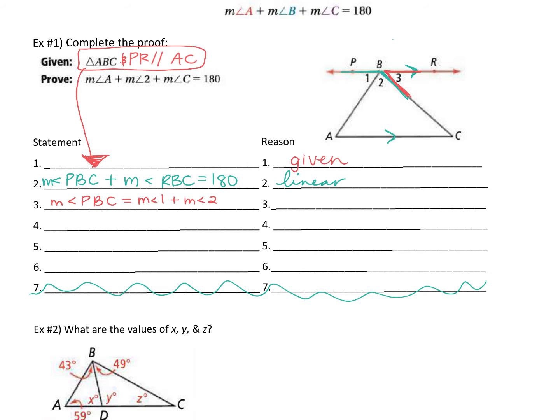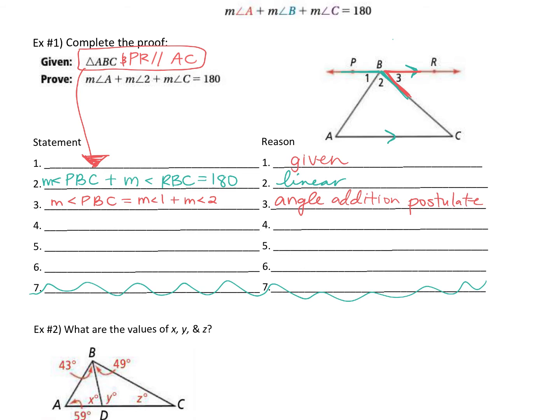Anyone remember what that's called? We did it in chapter 1. We did it last chapter too. No. Angle addition postulate, right? That's the angle addition postulate. If you add the two parts together, you get the whole thing. Okay, angle addition postulate.